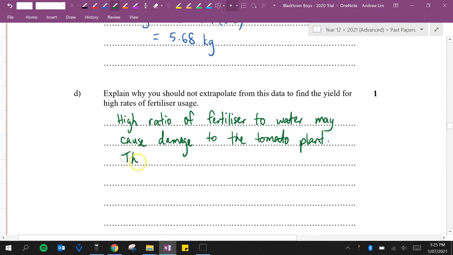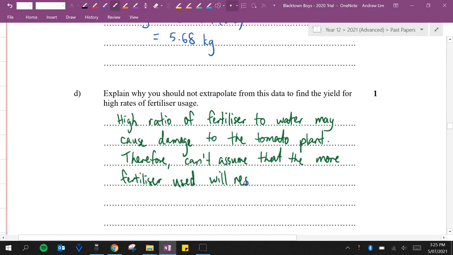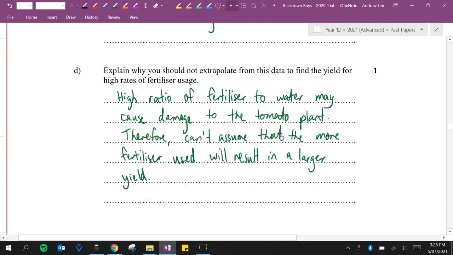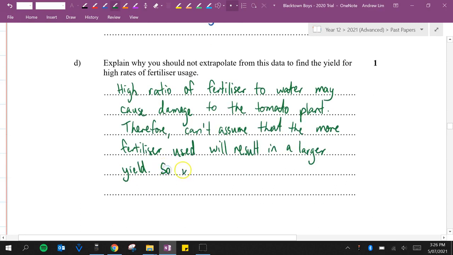I'll just write it in. Therefore, can't assume that the more fertilizer used will result in a larger yield. So we should not extrapolate from this data.